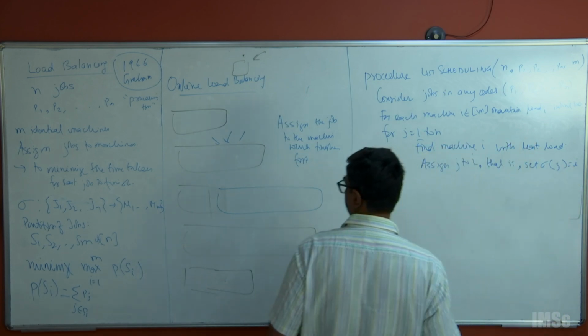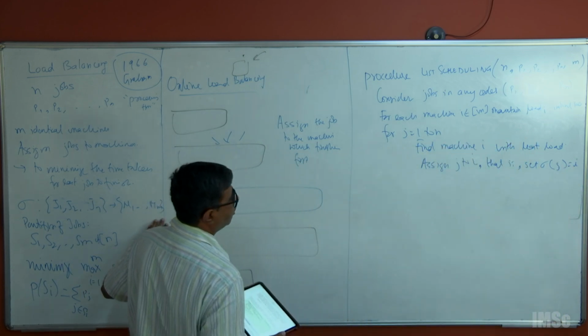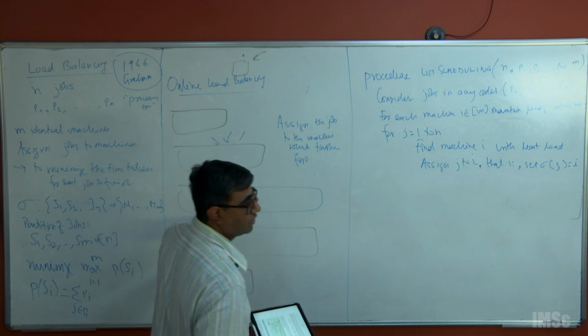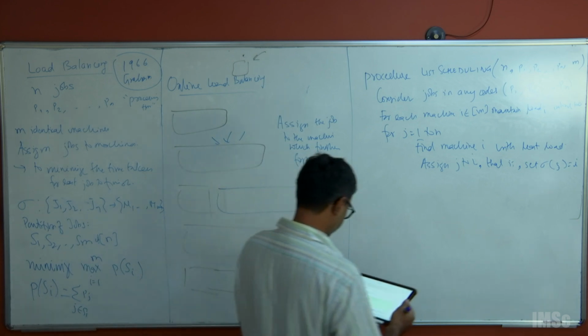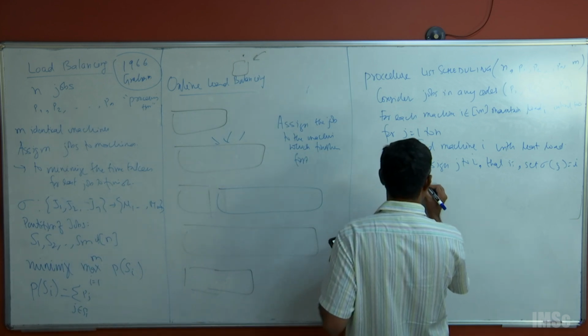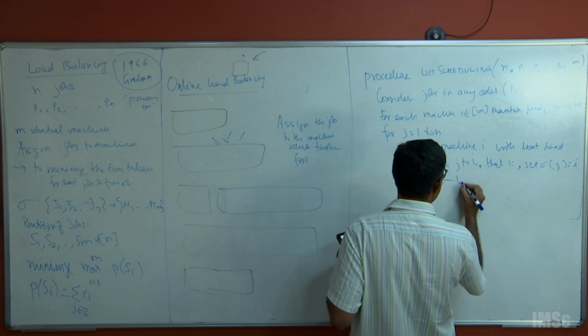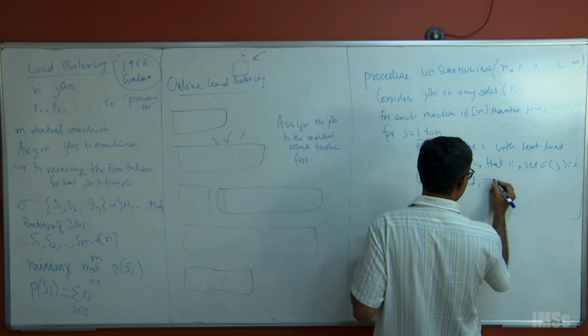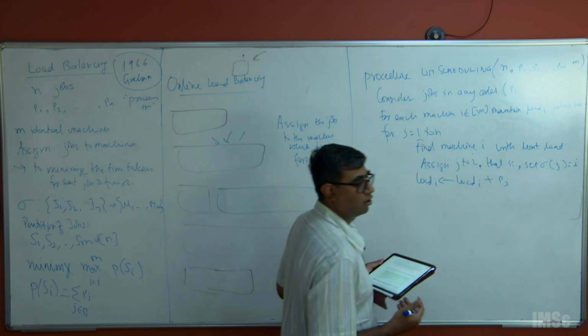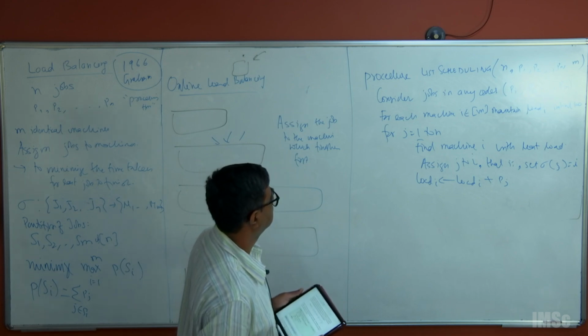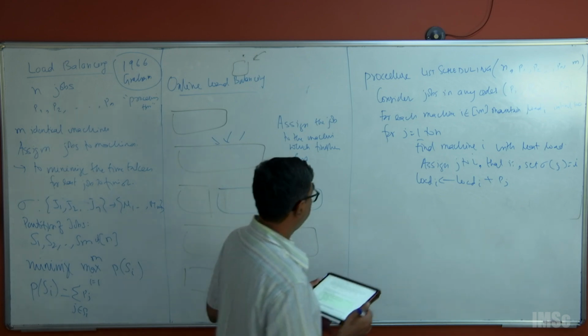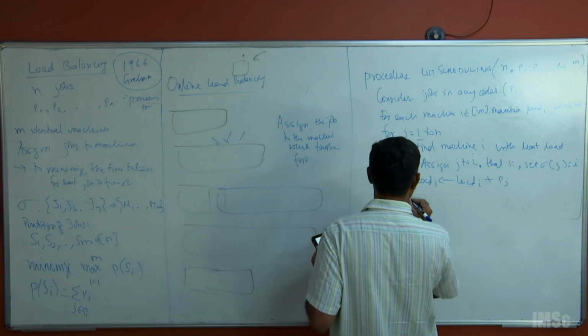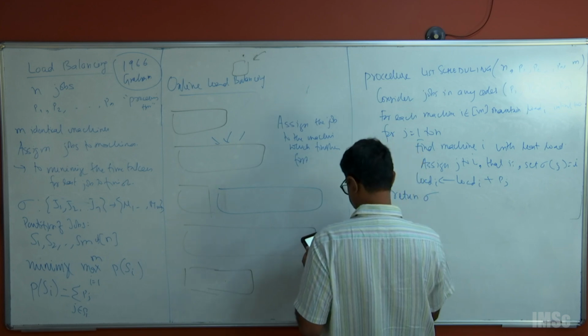So I am assigning the jth job to machine i. And what is the load of i now? It is the current load plus the processing time of the jth job. Return sigma.